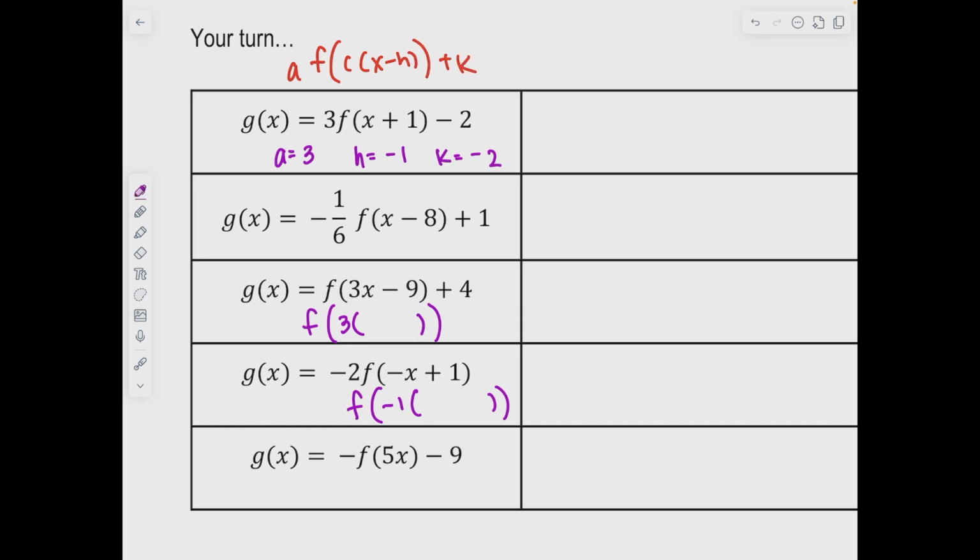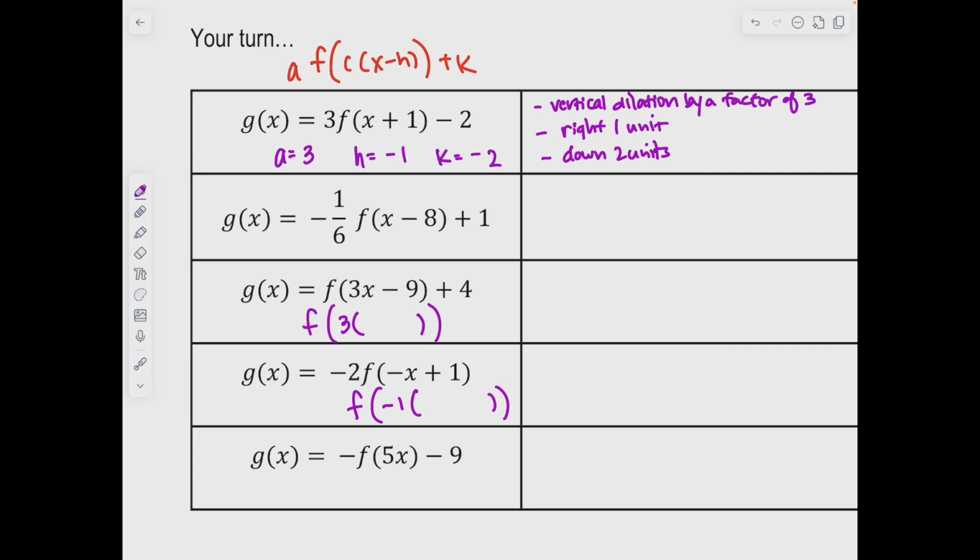Okay, so a couple things. I have a vertical dilation by a factor of 3. I am going to go right 1 unit, and I'm going to go down 2 units.